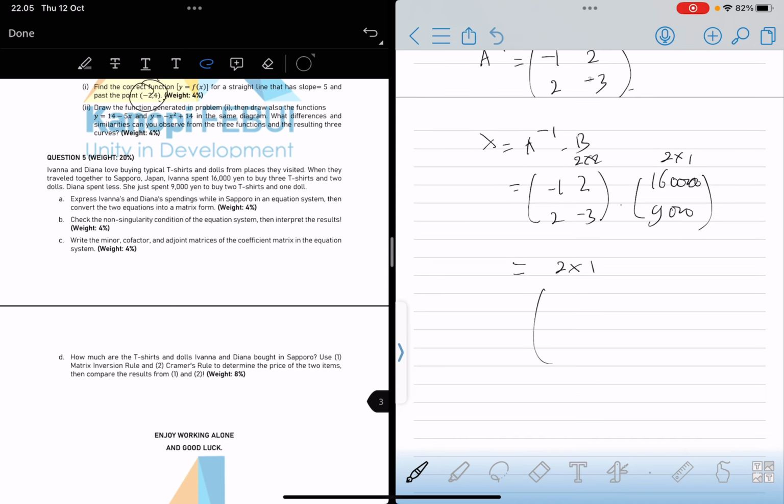So minus 1 times 16,000 is minus 16,000, plus 2 times 9,000, so 18,000. And this one is 32,000 minus.